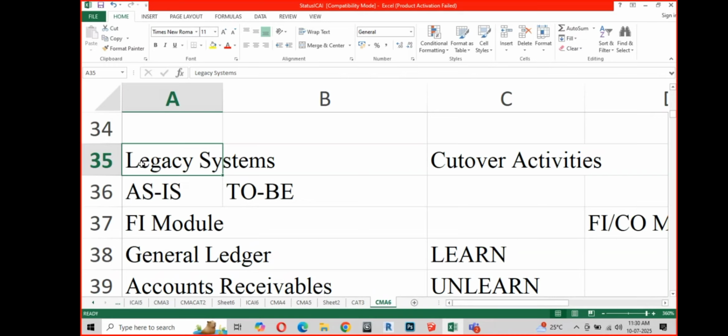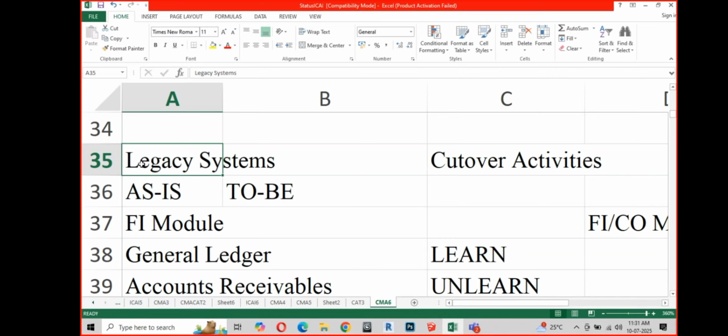Only then can you start your activities from the 30th of September on SAP. Don't you agree? So all the data should move from the non-SAP system to the SAP system, from the 1st of April to the 29th or 30th of September. This movement of the non-SAP data to SAP is called cutover activities.